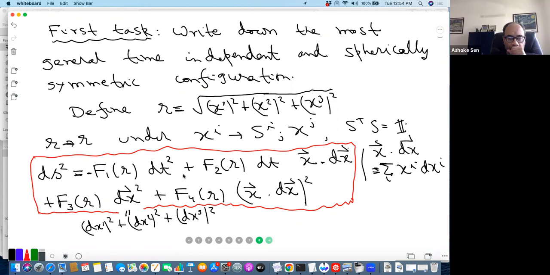So now what we are going to do is to try to simplify this form by making some coordinate transformations which do not destroy the time independence and spherical symmetry, and we will see exactly what we mean by this.